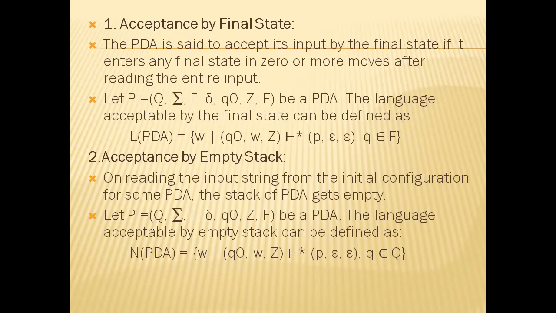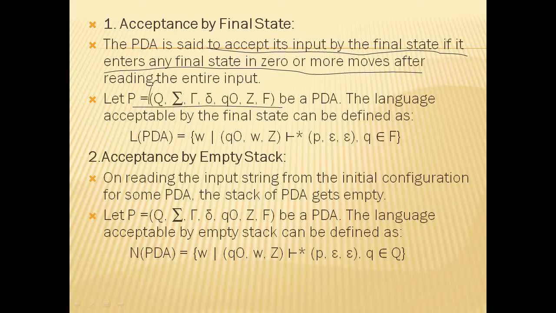The first one is acceptance by final state, means the PDA is said to accept its input by final state if it enters any final state in 0 or more moves. Means if it reaches the final state after some states, then we say acceptance by final state. Okay, so here the pushdown automaton is represented with 6 tuples.